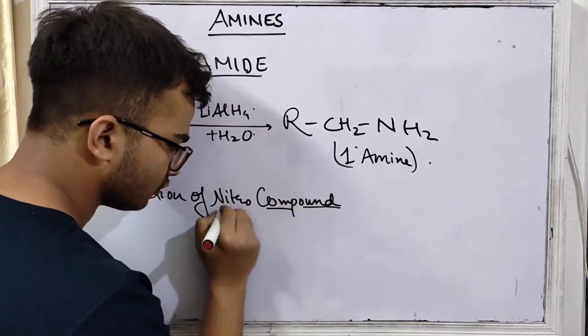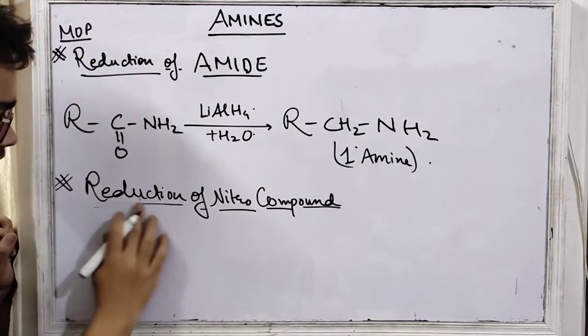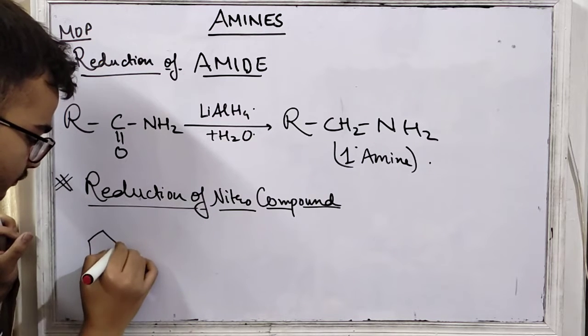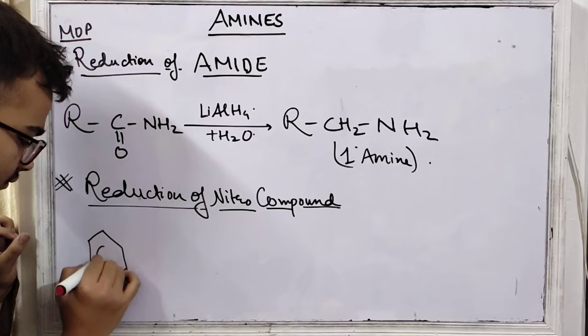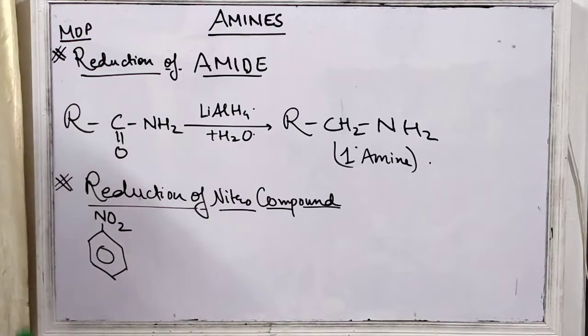Let us see now. We take a nitro group compound, such as nitrobenzene. Clear? This is a nitro compound.